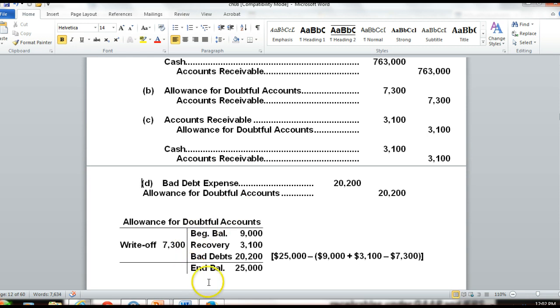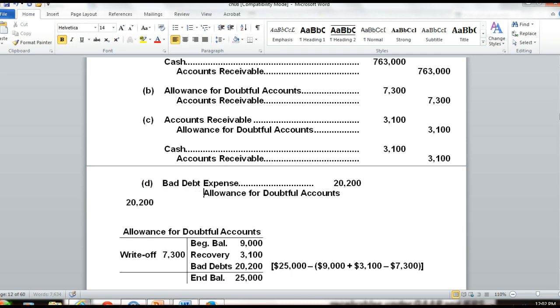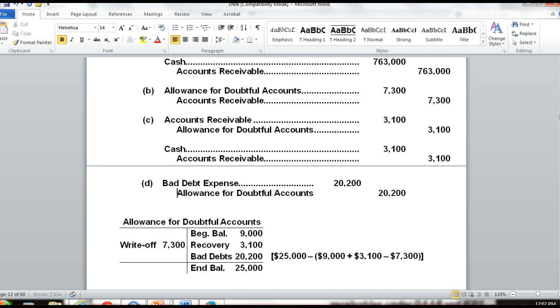If we know our ending balance needs to be $25,000, that means we need to show a debit for bad debt expense of $20,200, and we will credit our allowance for doubtful accounts of $20,200 because that gives us what we want at the end of the period, a $25,000 credit in our allowance for doubtful accounts.